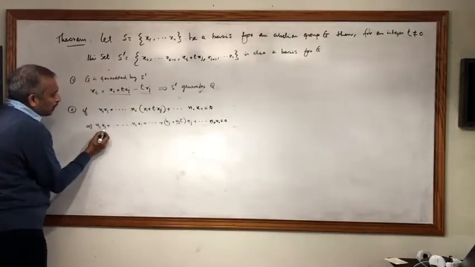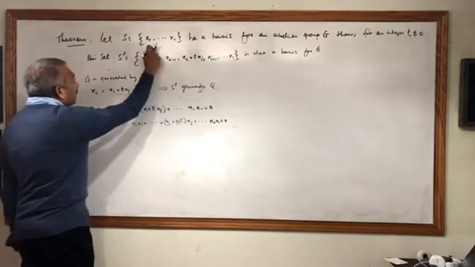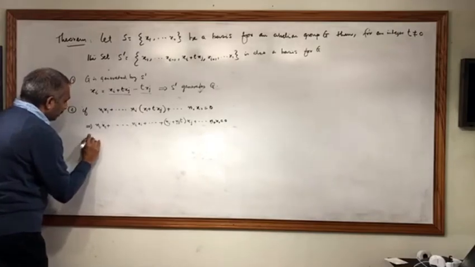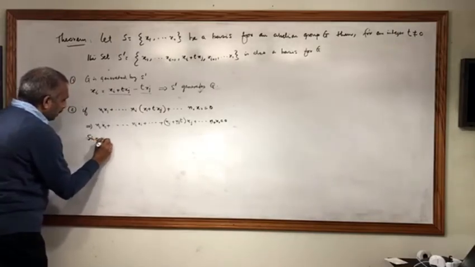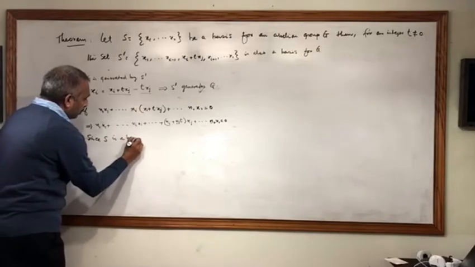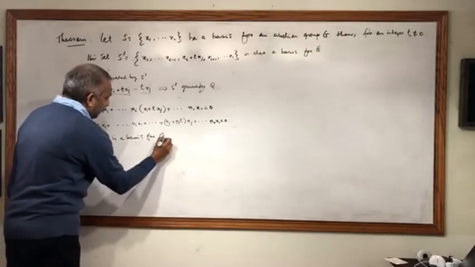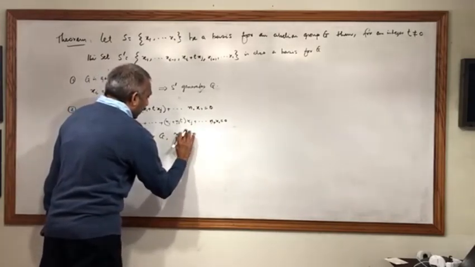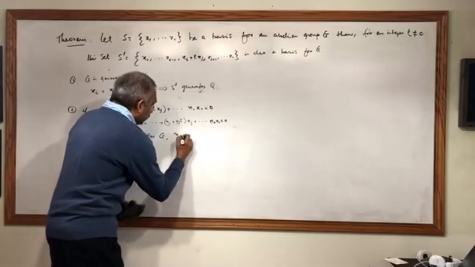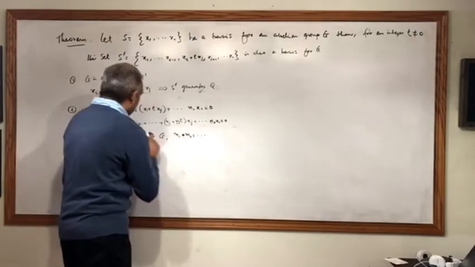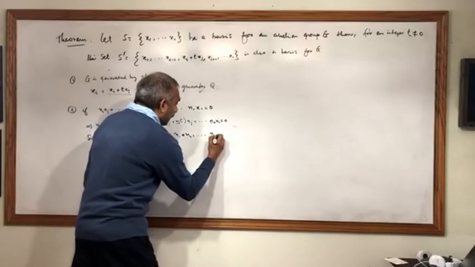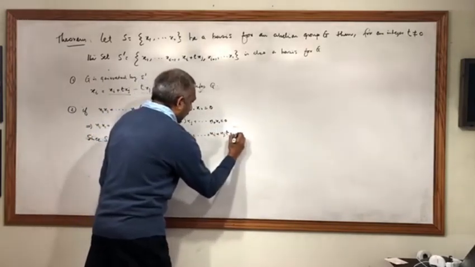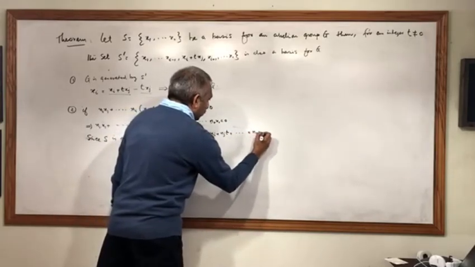But x1 x2 dash dash xr is a basis. That means, since S is a basis for G, n1 equal to 0, n2 equal to dash dash, ni plus njt dash dash nr equal to 0.